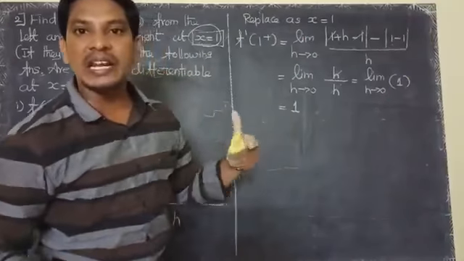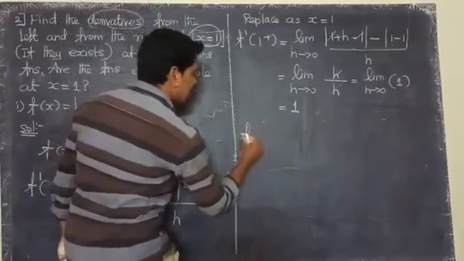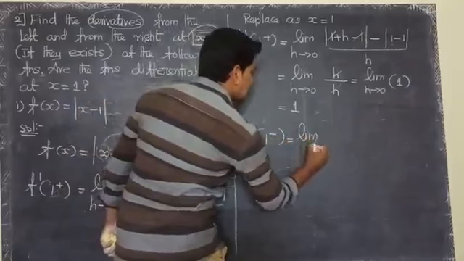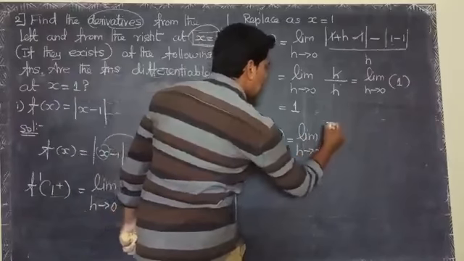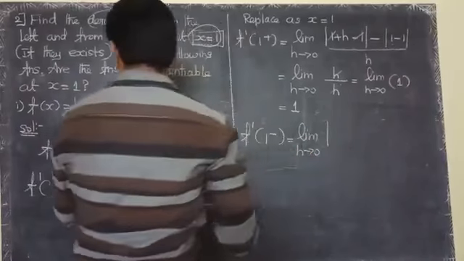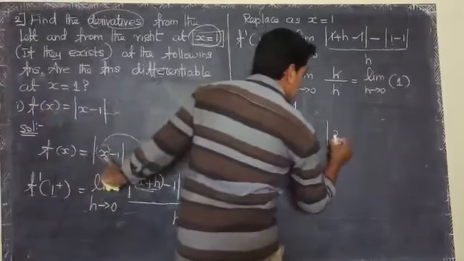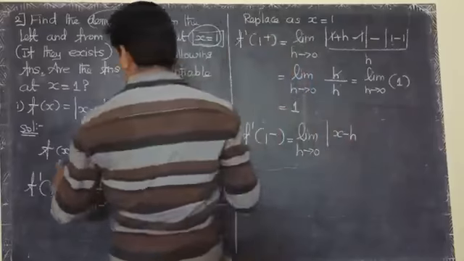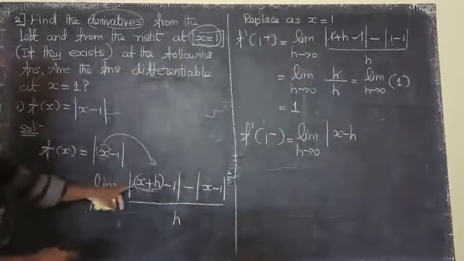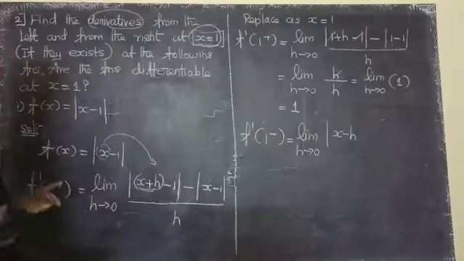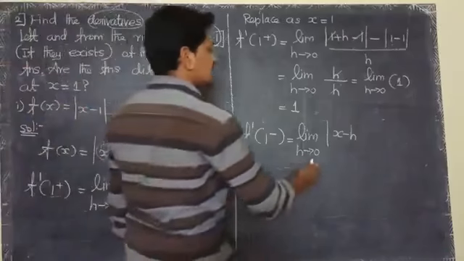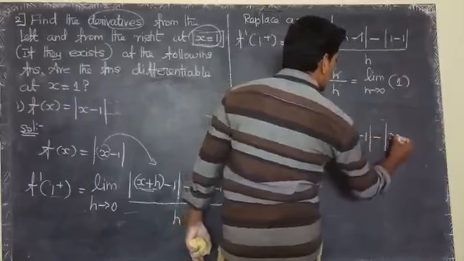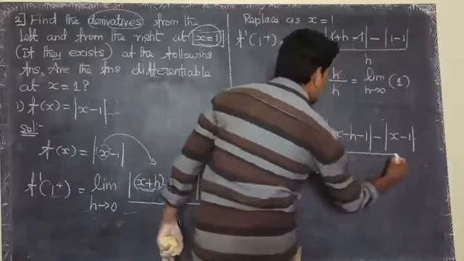Next, to find the left derivative, that is f dash of 1 minus, which is equal to the limit as h approaches 0 of modulus of x plus h. Here 1 plus means x plus h, and 1 minus means the left derivative, that is x minus h: modulus of x minus h minus 1 minus modulus of x minus 1, divided by h.